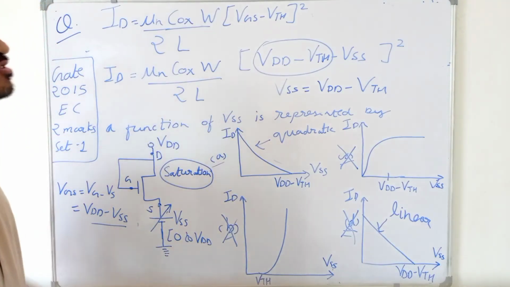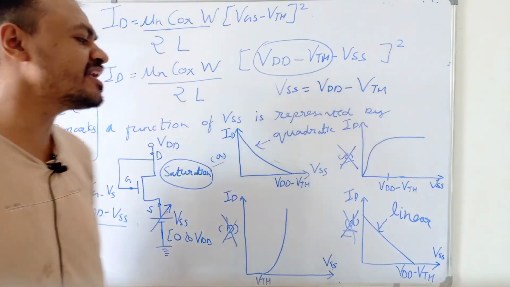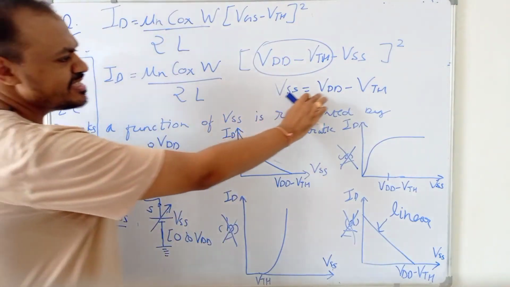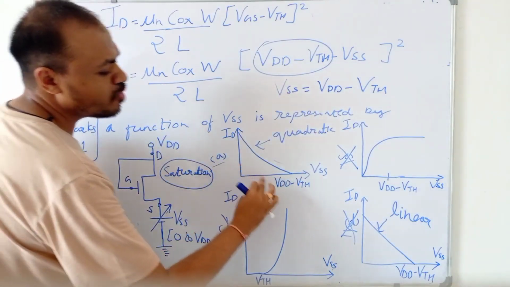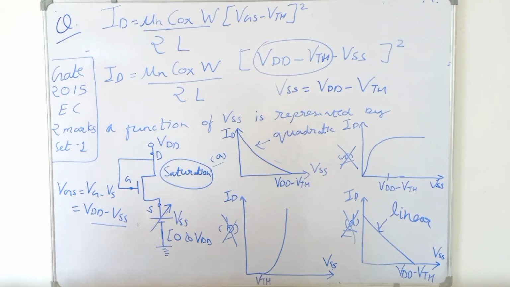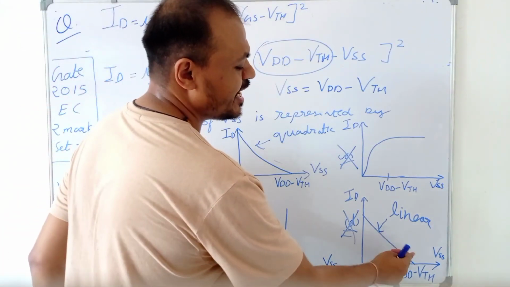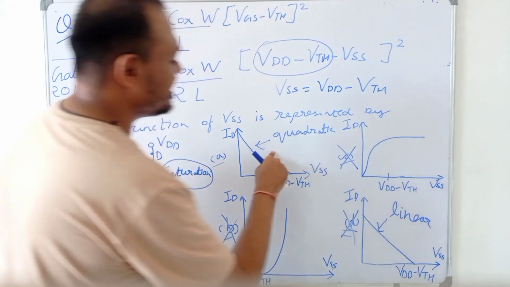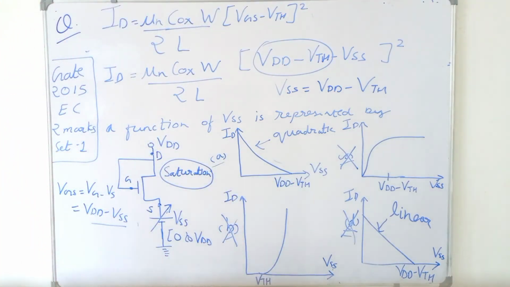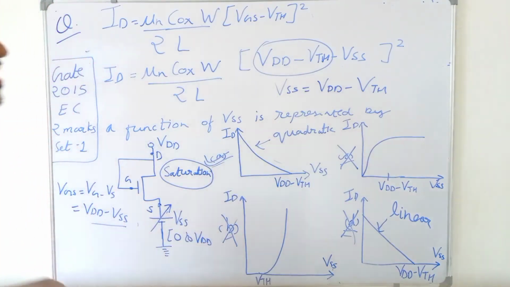ID is 0 when VSS is equal to VDD minus VTH. In both options ID was 0 there and maximum at VSS equal to 0, but in one option ID varies linearly with VSS and in the other quadratically. So option A is the correct option.